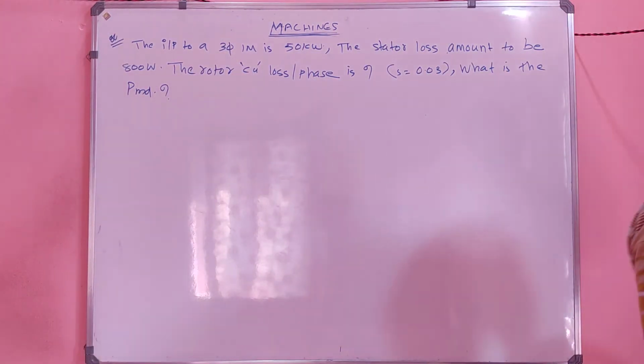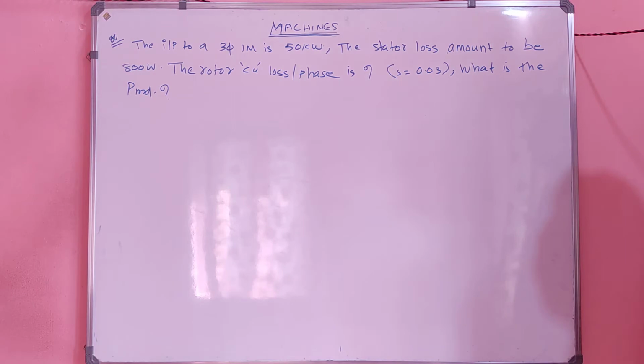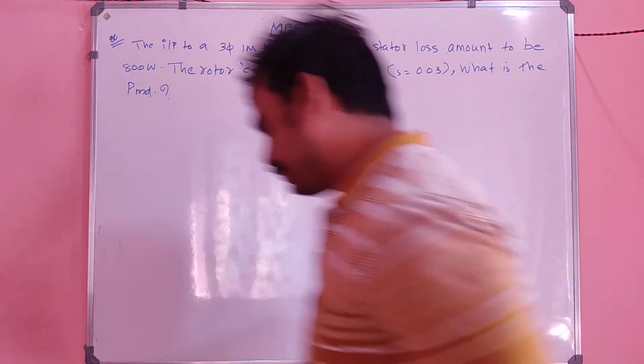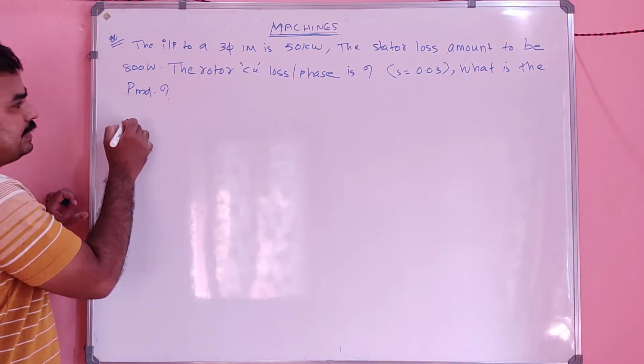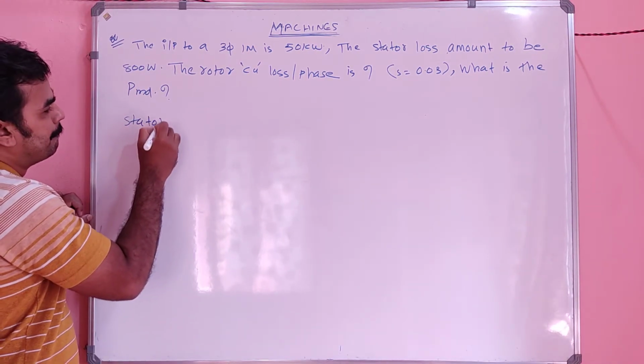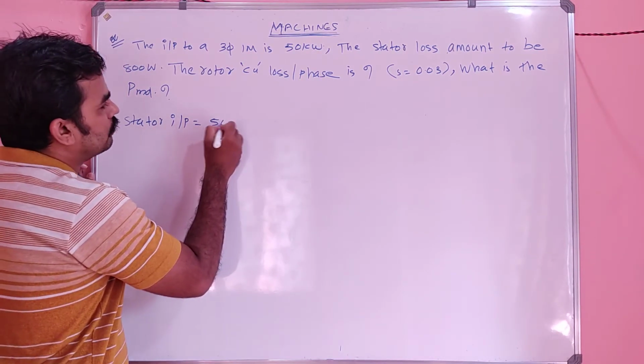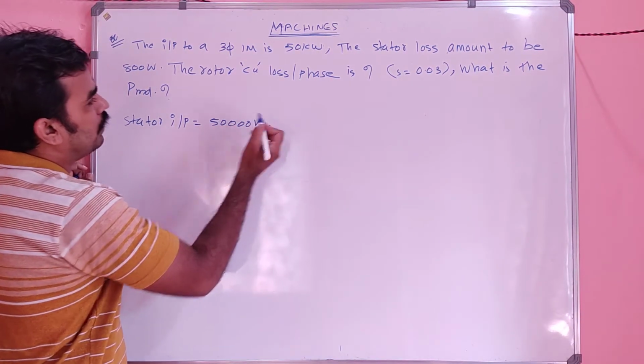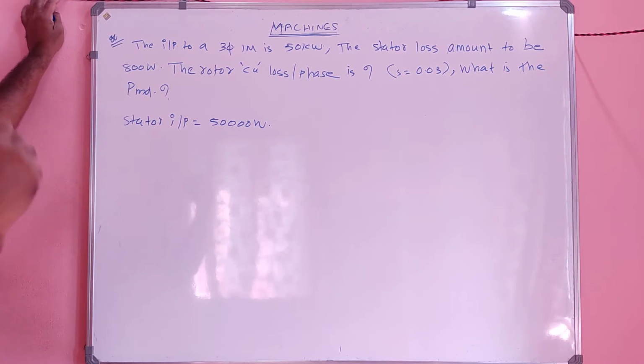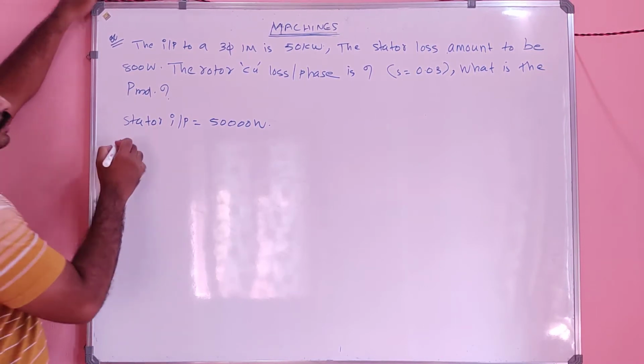Listen, read the question. The input to a three-phase induction motor is 50 kilowatt, which is nothing but the stator input. The stator loss amounts to 800 watt.